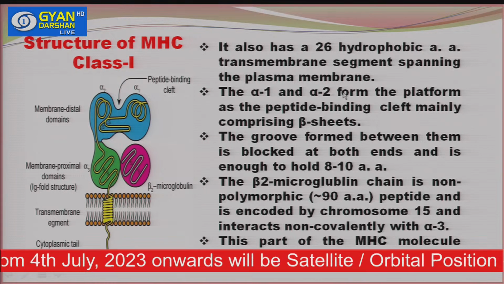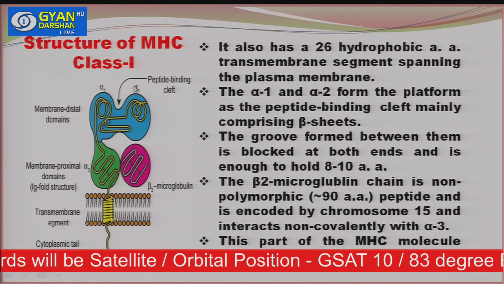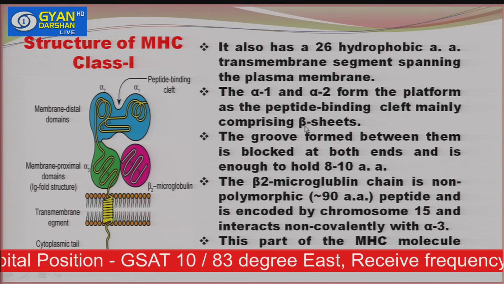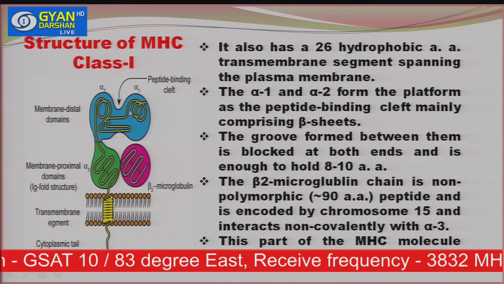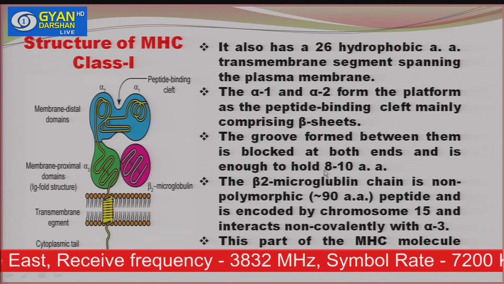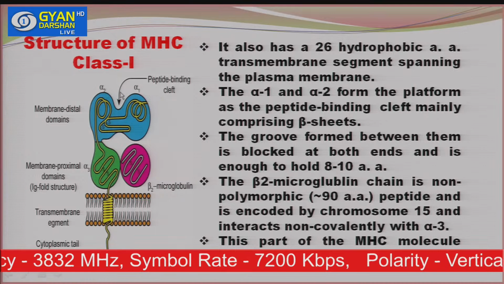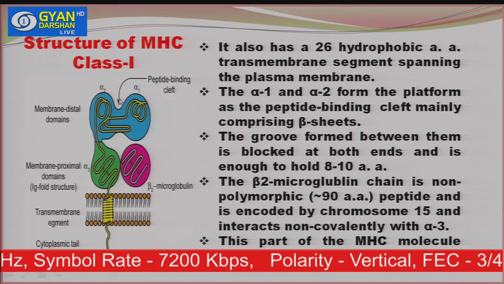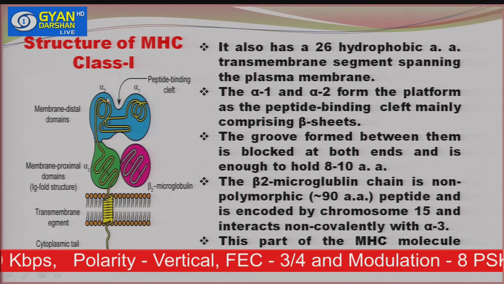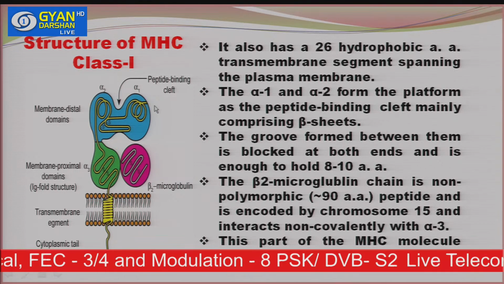Alpha 1 and alpha 2 form a platform for the peptide binding cleft, mainly comprising beta sheet. The groove formed between the two ends holds 8 to 10 amino acids. So you can see this groove, known as the peptide binding cleft, will hold only 8 to 10 amino acids.